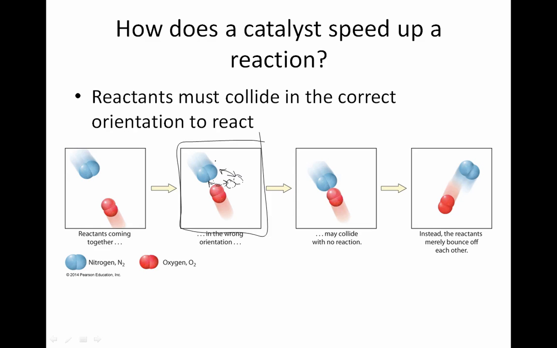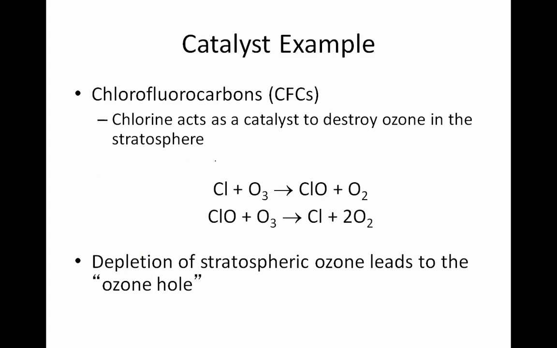How it forms around that ball, it catches the ball and holds it in place. The catalyst does the same thing. It catches maybe both the nitrogen and the oxygen, holds them in place, or forms their orientation appropriately so that they have time to react before they move on. So all different catalysts will do different components, but the idea is somehow they're able to speed up the reaction by making it so that there's an increased number of collisions.